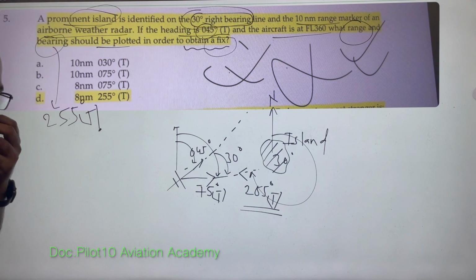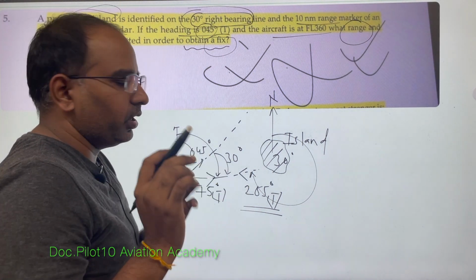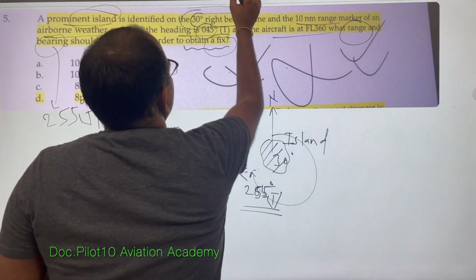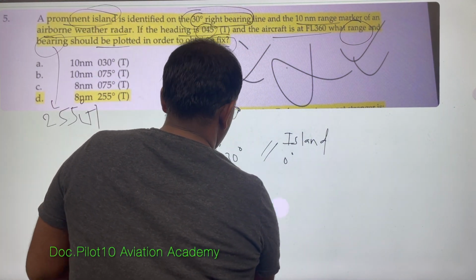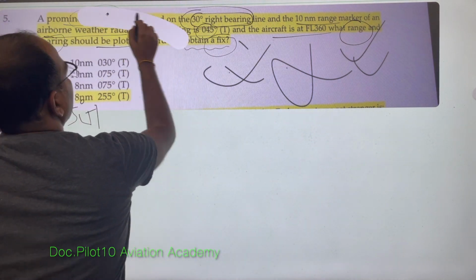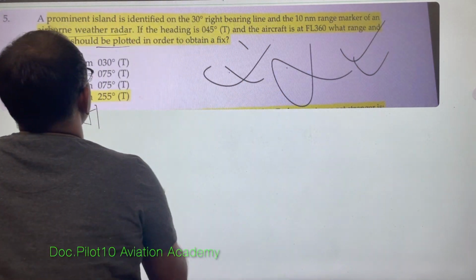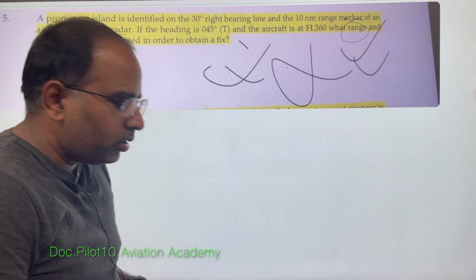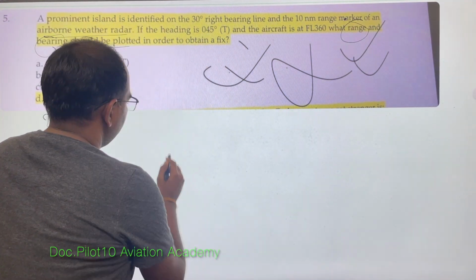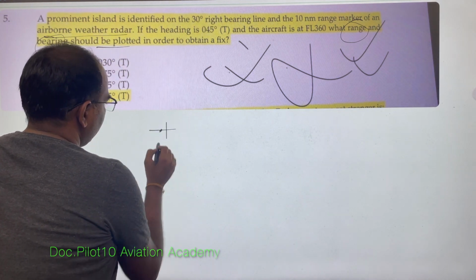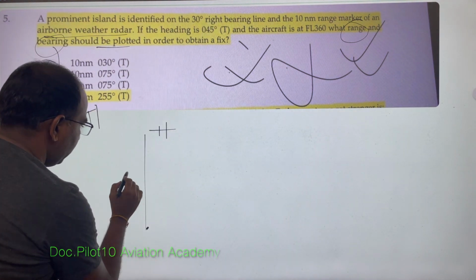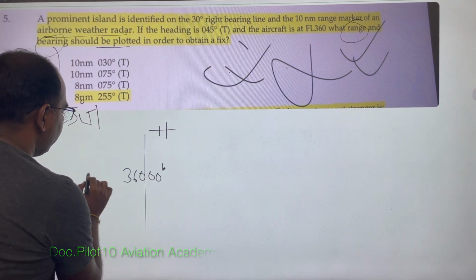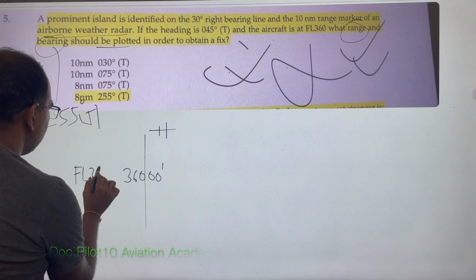Now having understood the bearing, we will move forward. This is 255. He is asking for bearing and also range, correct. Now where is the aircraft flying? Aircraft is flying at a height of 36,000 feet, that is flight level 360.